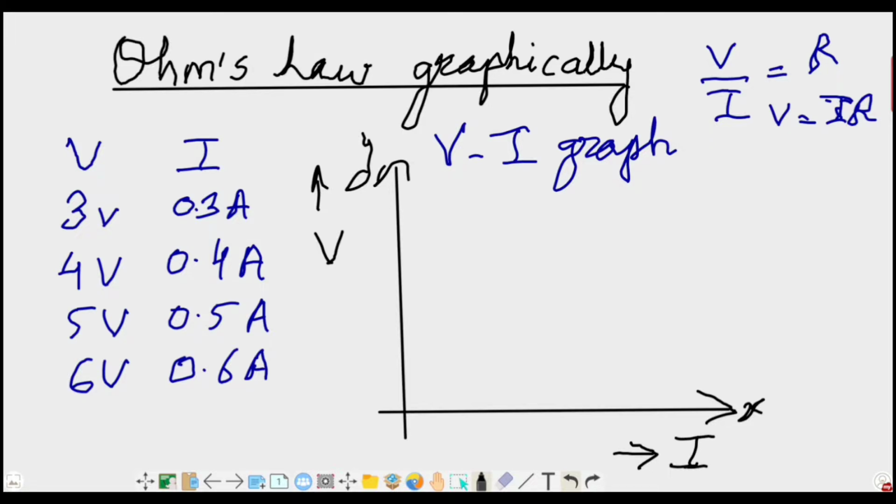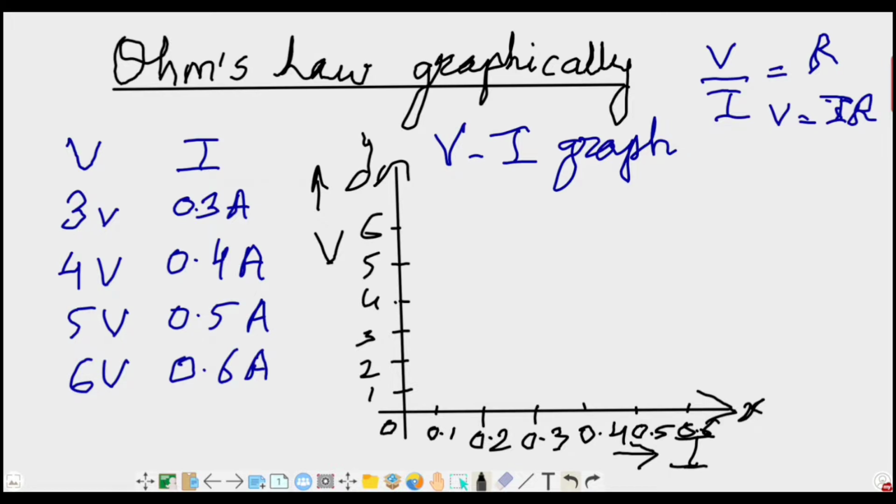Now, suppose this is 0, 0.1, 0.2. Like that, I'll take 4 values here. 1, 2, 3, 4, 5, 6. Both sides I have taken 6 values.